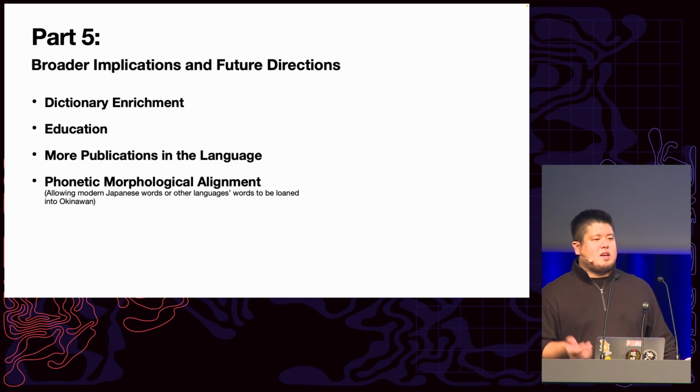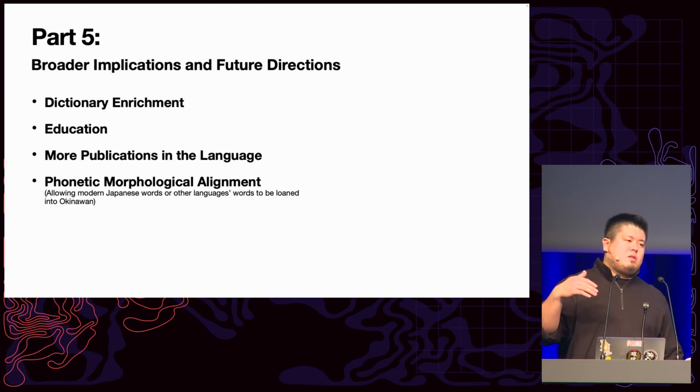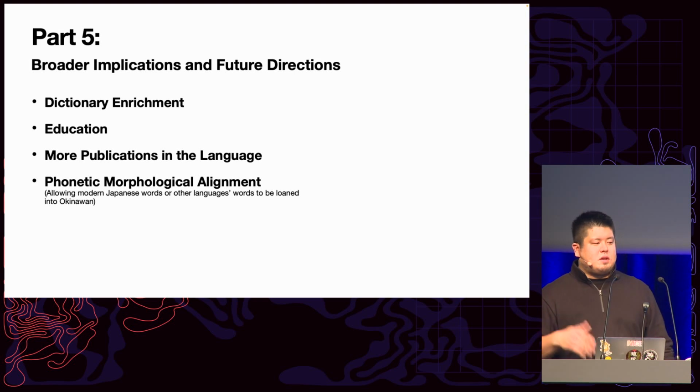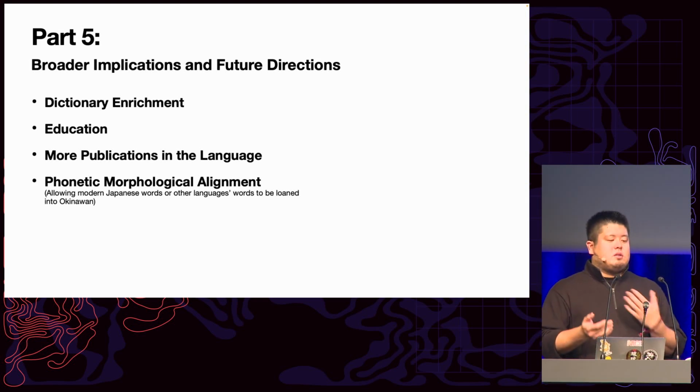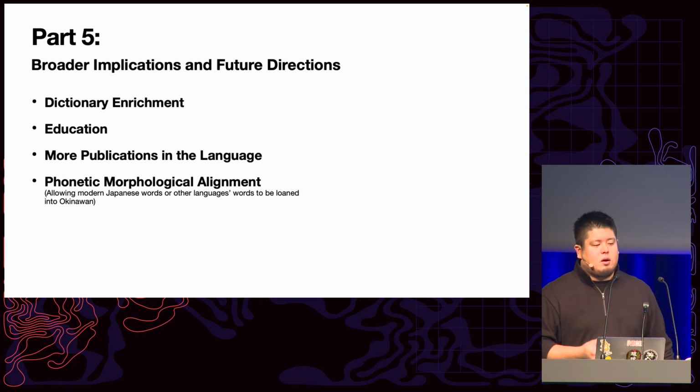The second one is education, using the language to enrich the language usage, and also more publications in the language, and having some kind of way to convert words from Japanese, English, German or Russian into Okinawan-sounding characters, sets of sounds. That has to be done.